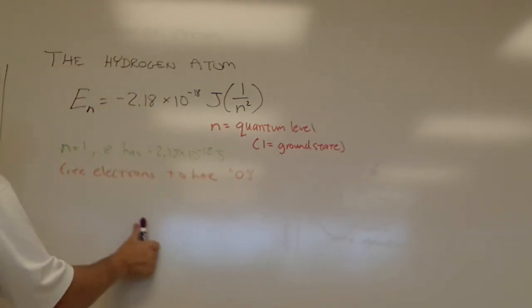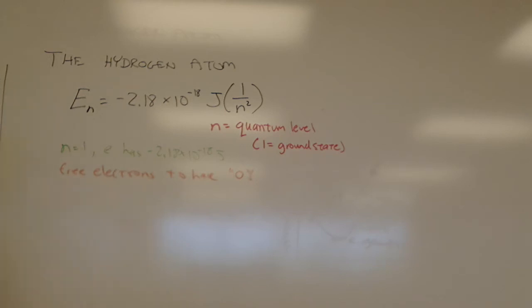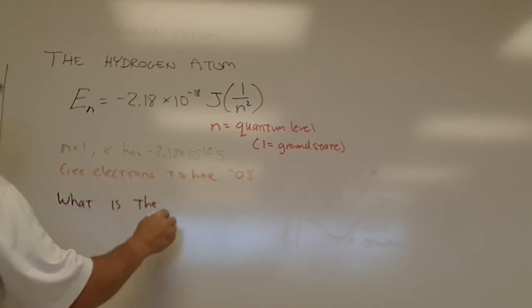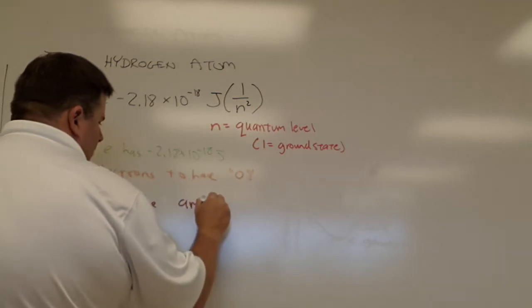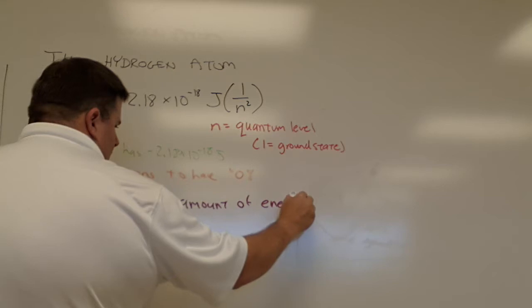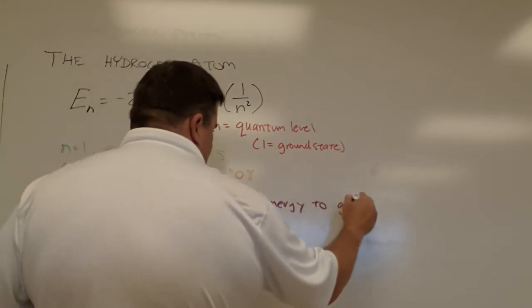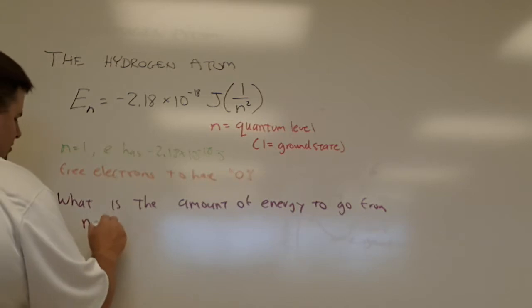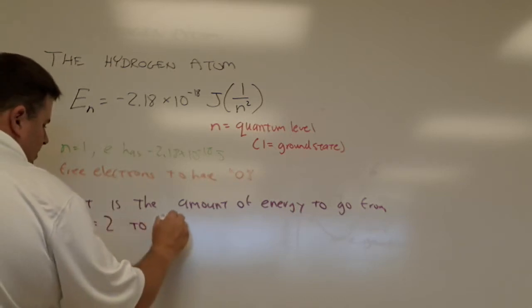All right. So here's the question. What is the amount of energy to go from n is equal to 2 to n is equal to 6?